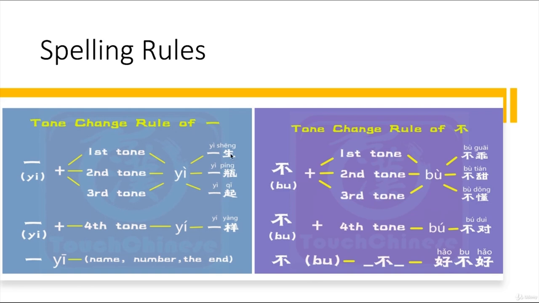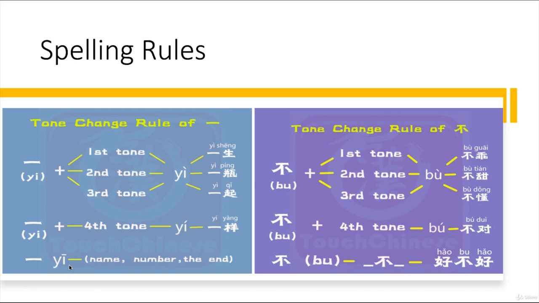Because the second syllables here are first tone, second tone, and third tone. When 一 is pronounced with a fourth tone syllable, it will change into the second tone. For example, 一样. The second syllable is the fourth tone, so 一 changes into the second tone.